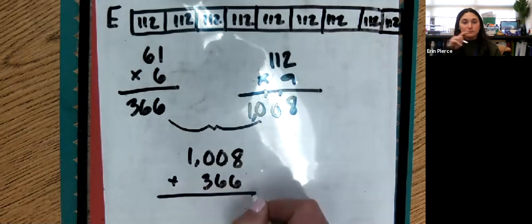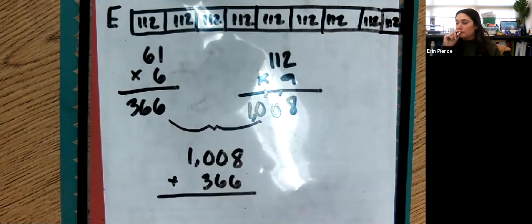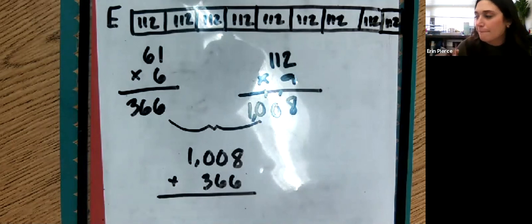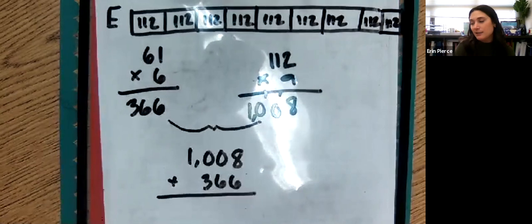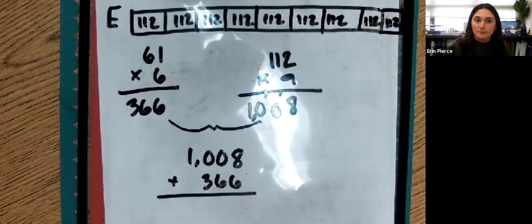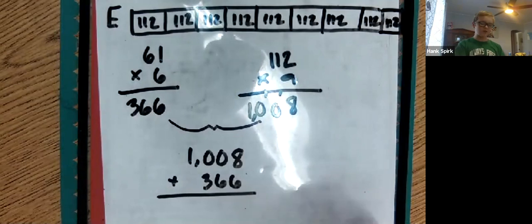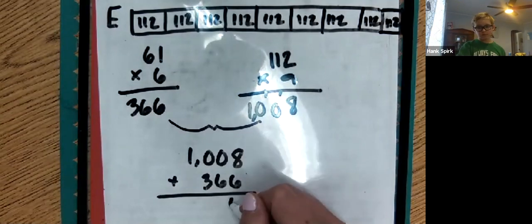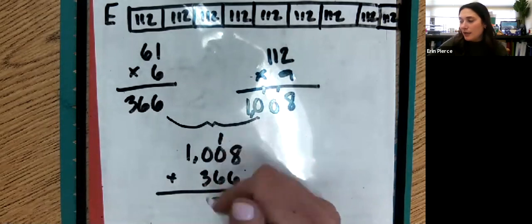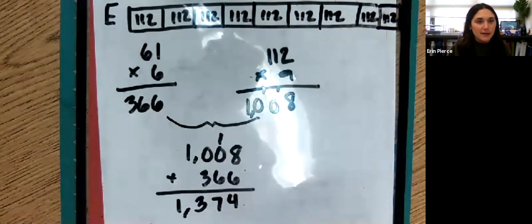So now, since we have both of our correct answers, we're going to add 1008 plus 366. 1,008 plus 366. What do I get for my answer, Hank? 1,374. I would agree. 1,374.